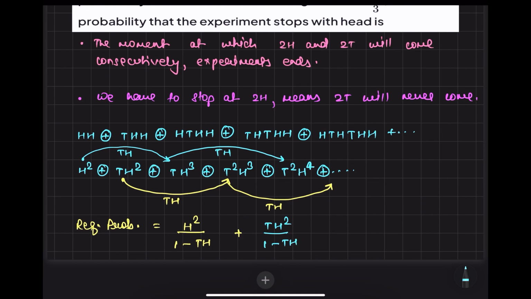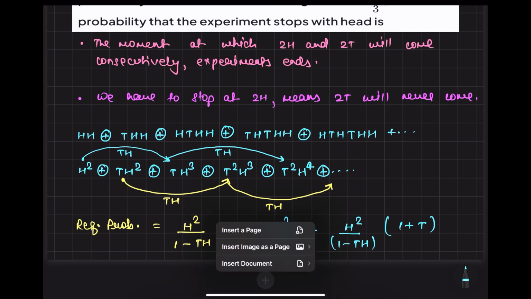Okay, if you observe, the denominator is the same and also the numerator head square is the same. So can I take head square by 1 minus tail head common and you will be left with 1 plus tail. Okay, I hope till this part you guys are comfortable.